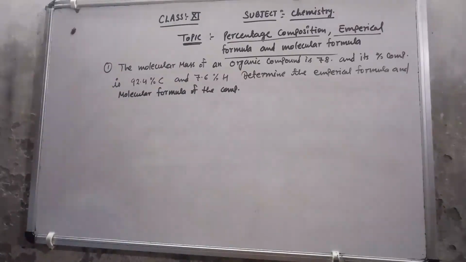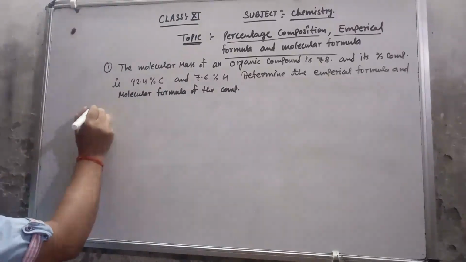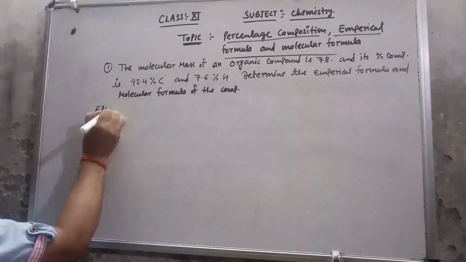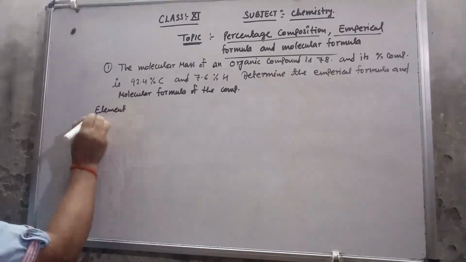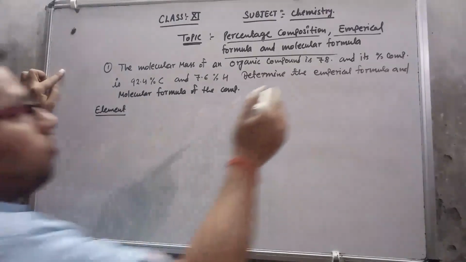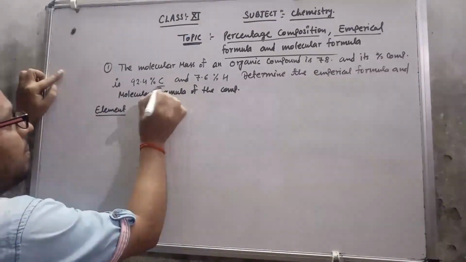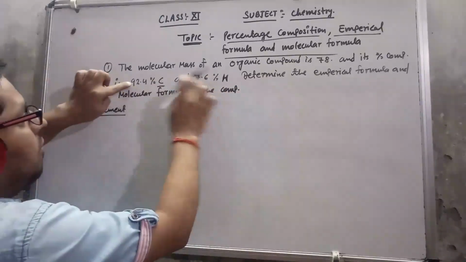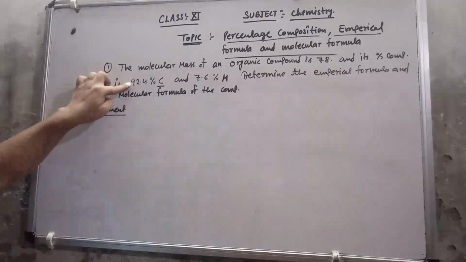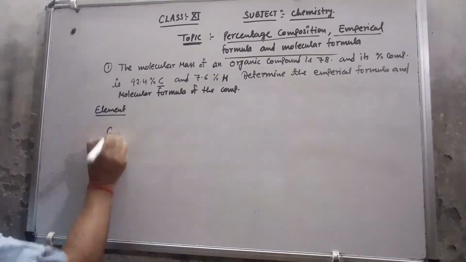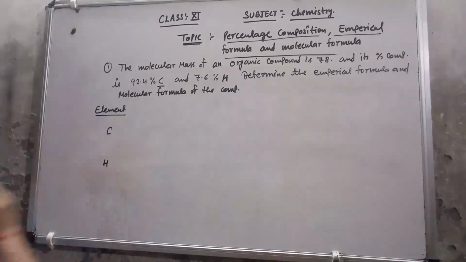So what is the table? In the first column we have to write the atom or element whatever is given in the compound. One they have given as carbon, one as hydrogen. See, the sum of their percentage is 100. That means no other element is present here, only carbon and hydrogen. So carbon we have first, second we have hydrogen.